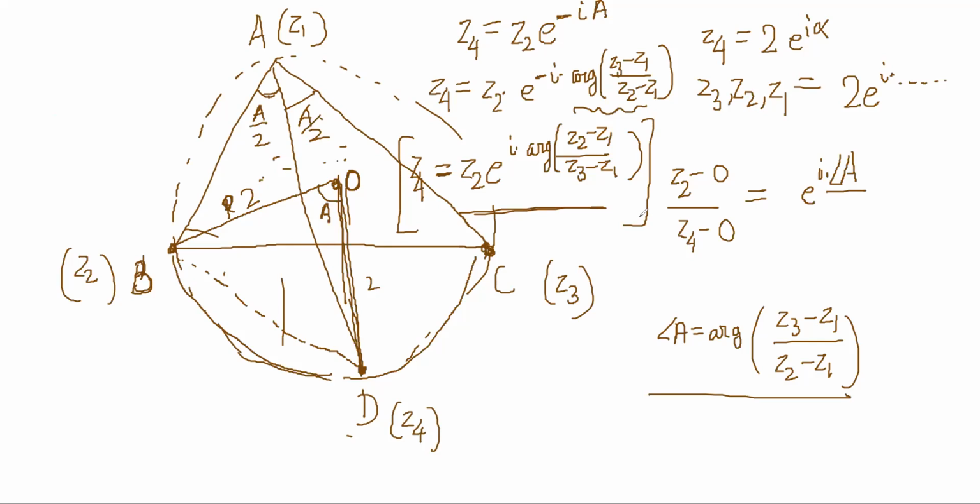So how will we simplify it a little bit? Argument of Z2 minus Z1 by Z3 minus Z1. What else is known in the question? Nothing much is known, no? If we knew the distance AB and distance AC, then it would have been very peaceful. AB and AC.